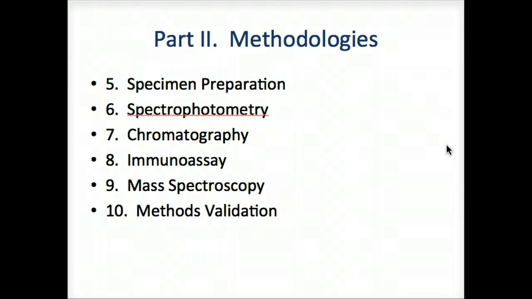Things like alcohol, benzodiazepines, opioids, cocaine, cannabis, and so forth. So we're going to cover general principles of these items: specimen preparation, spectrophotometry, chromatography, immunoassay, mass spectroscopy, methods validation. All of these are very important to all the various analytes that we're going to look at.